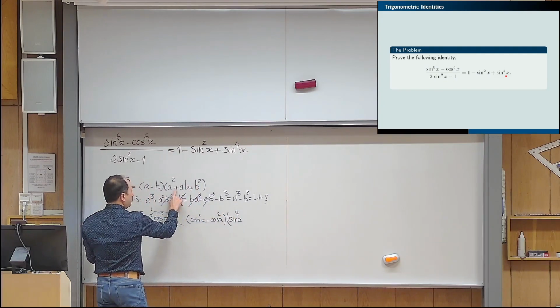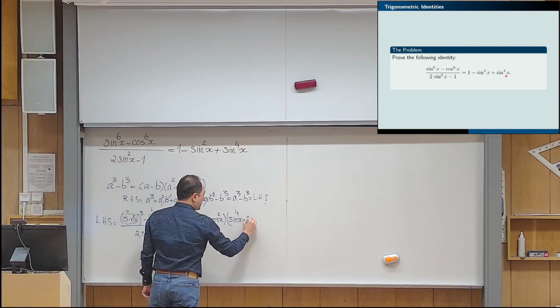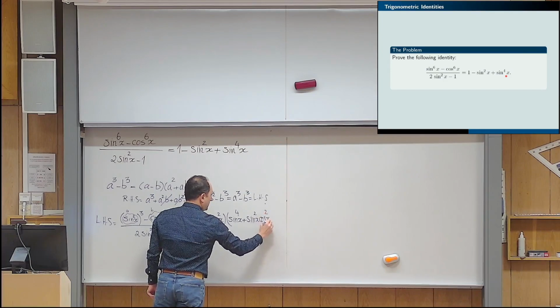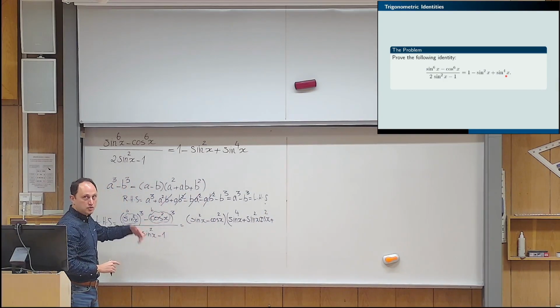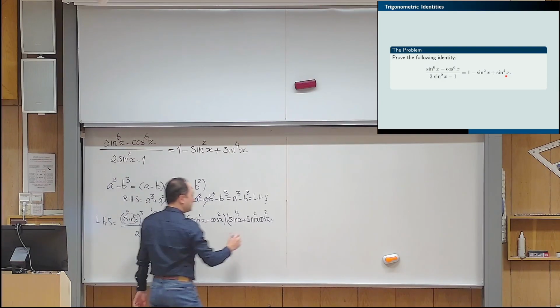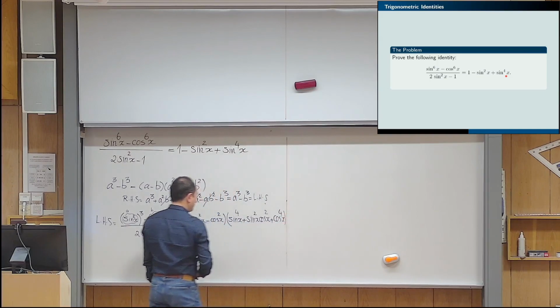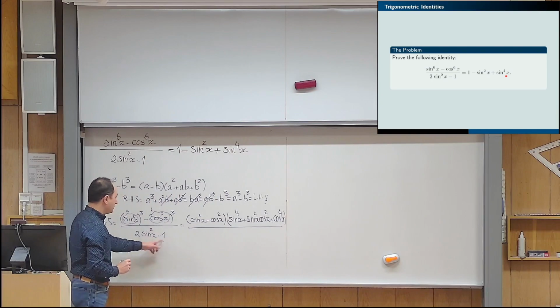And then I have plus a times b, which becomes plus sine x squared cosine x squared, and finally plus b squared. b is cosine squared, so b squared becomes cosine to the fourth. And then divided by 2 sine x squared minus 1.